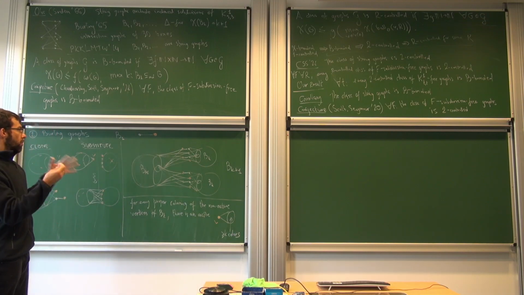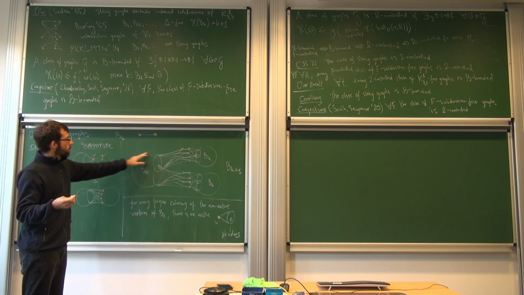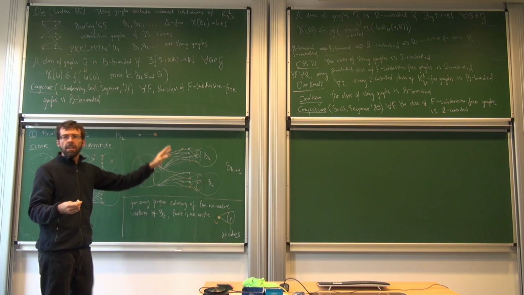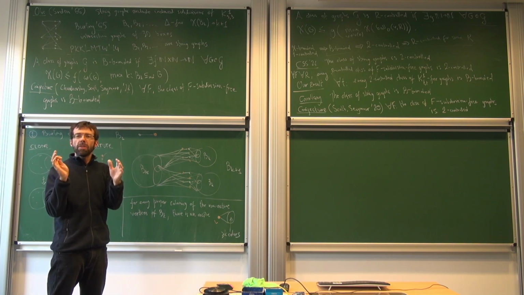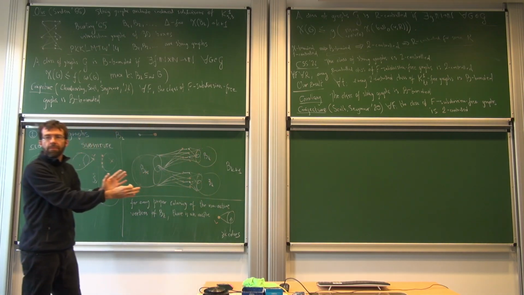So now suppose that it holds for BK. So in particular, we have it for that. Like we have a coloring of the non-active vertices of BK, and those non-active vertices of BK come from this copy or from this copy or from this copy. Yes.